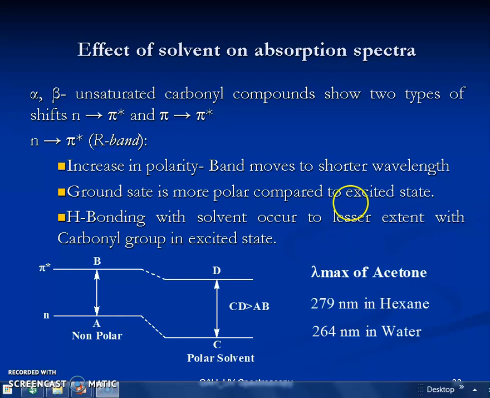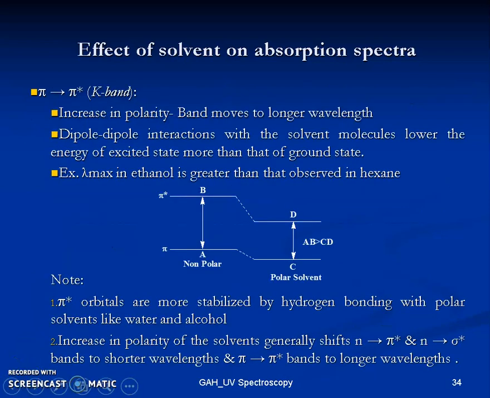Basically what has happened is there is a shift of lambda max towards the shorter wavelength region, and that was because the ground state is more polar compared to the excited state, and the hydrogen bonding with the solvent occurs to a lesser extent with the carbonyl group in the excited state. So this was the effect of solvent on n to pi star transition.